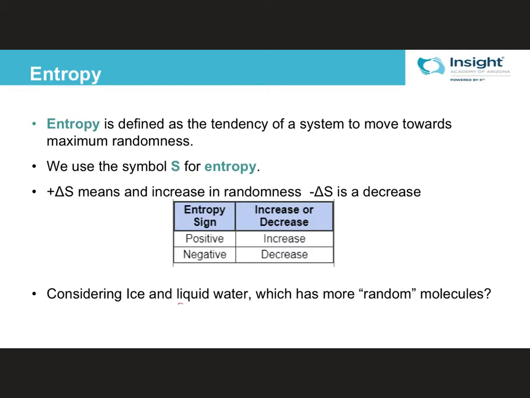The liquid. So when ice melts, the reason we can get it to melt spontaneously is that while it doesn't favor spontaneity because it's endothermic, the increase in entropy of going from solid to liquid outweighs that. So that's how we get the overall negative delta G.